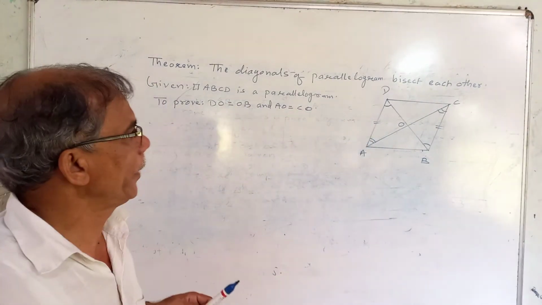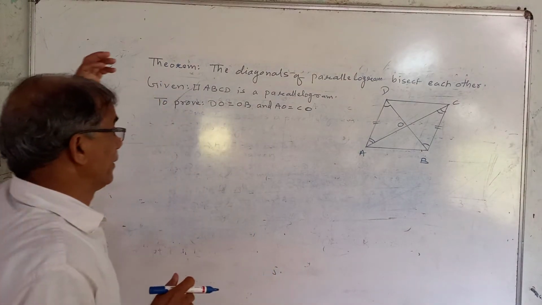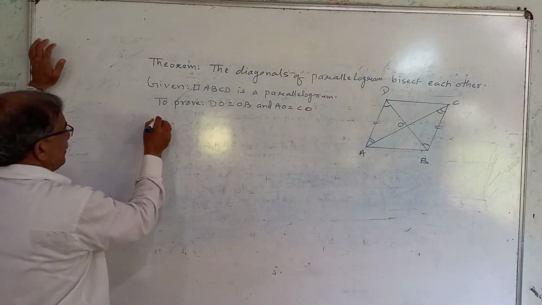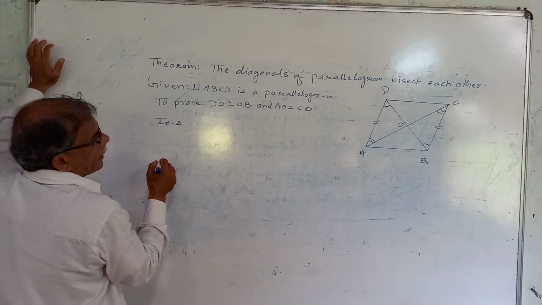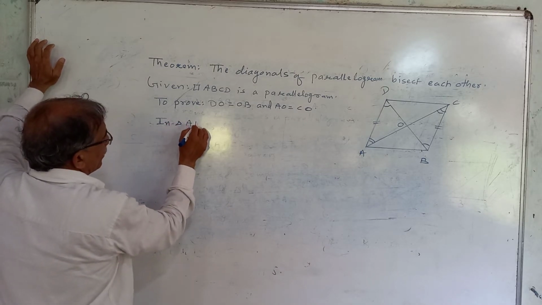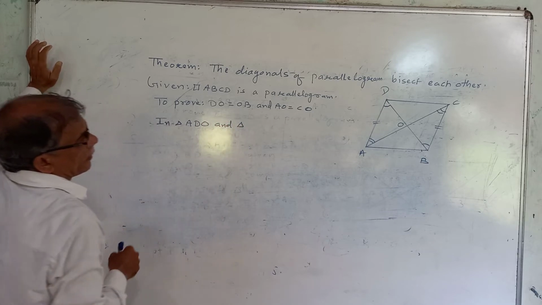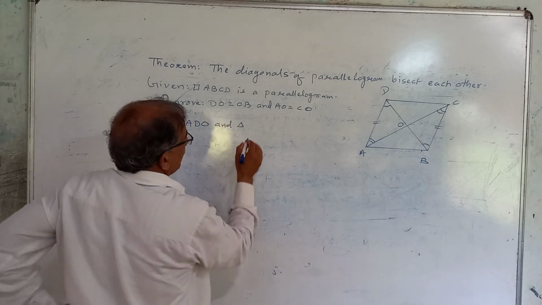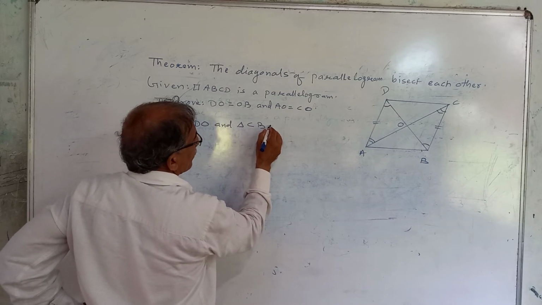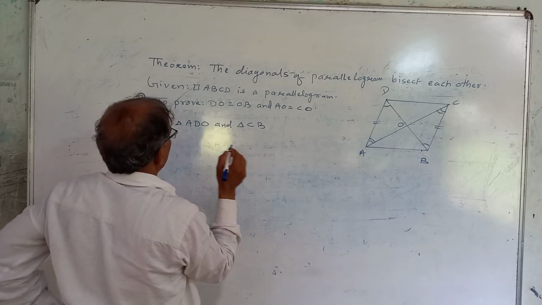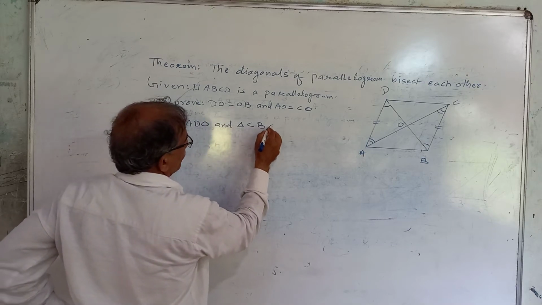So first, what we have to show? These two triangles are common. Now see, in triangle ADO and triangle CBO.